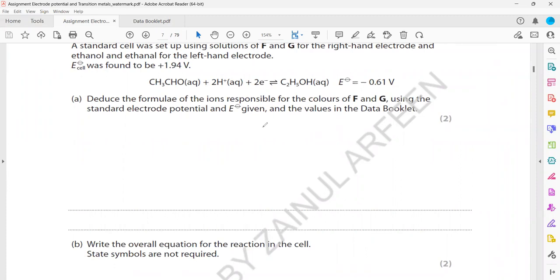And these electrode potentials are always written for reduction, like to gain electron.